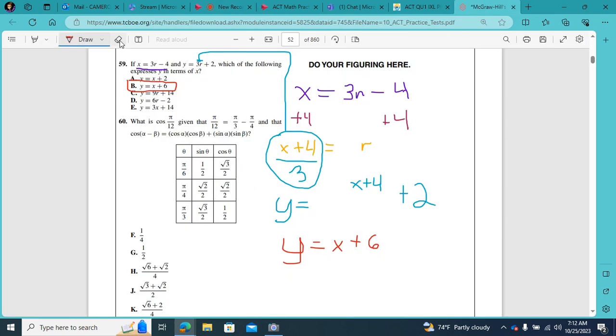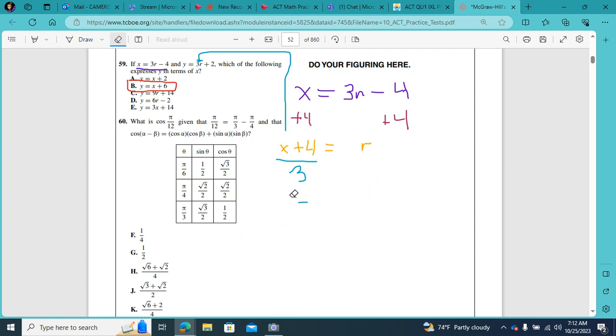And here we are on the very last question, number 60. Let's see, it says, what is the cosine of pi over 12 given that pi over 12 equals pi over 3 minus pi over 4?